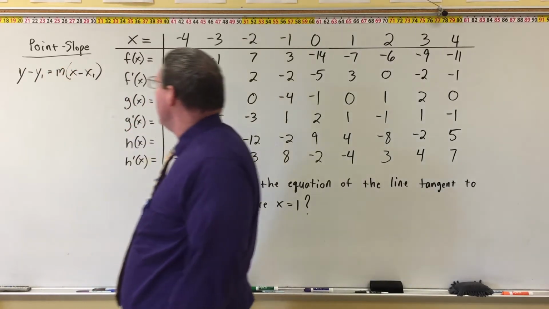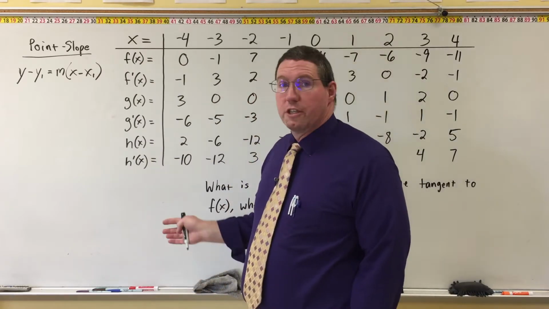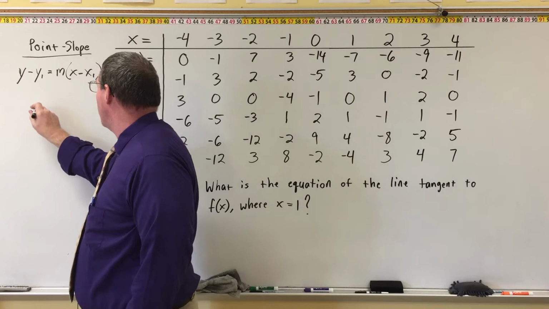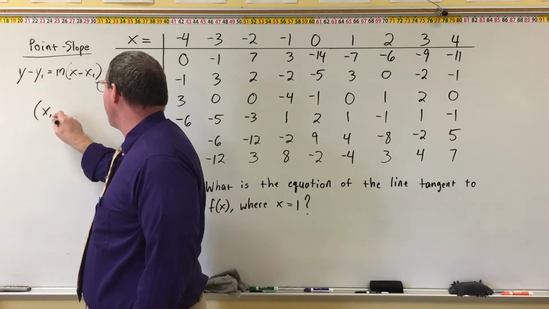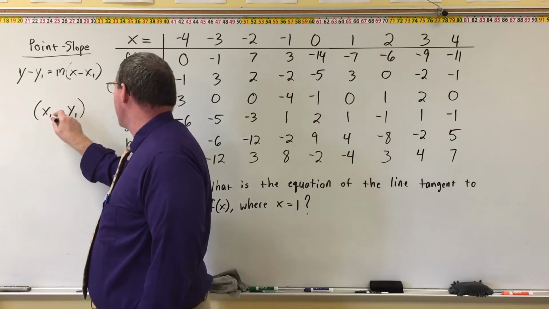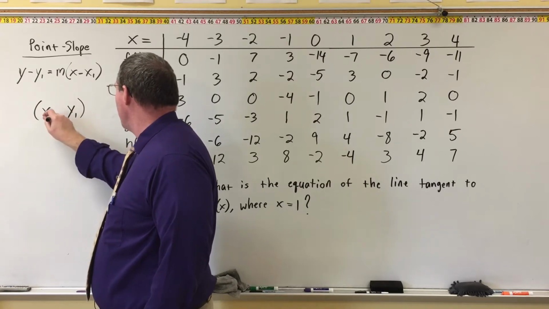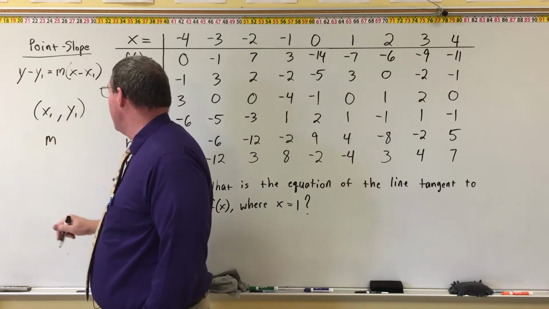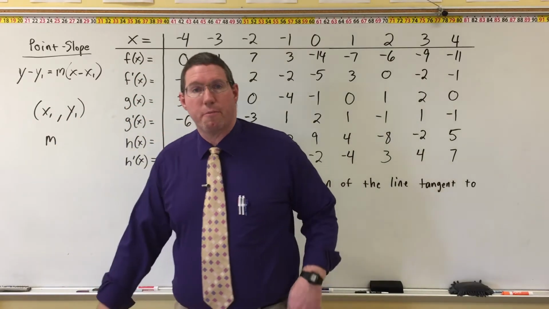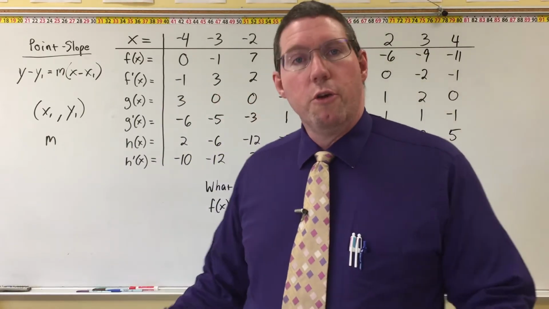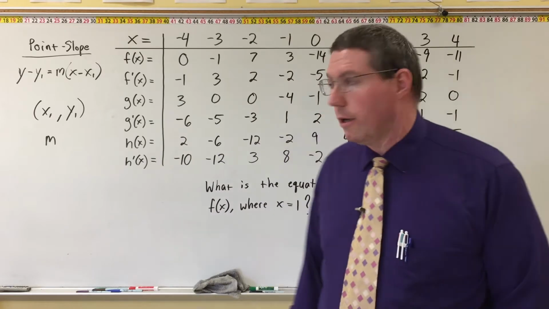All you need is a point (x1, y1), an x value and a y value, and then a slope, m. As long as you have these three pieces of information, you can write the equation of a line.